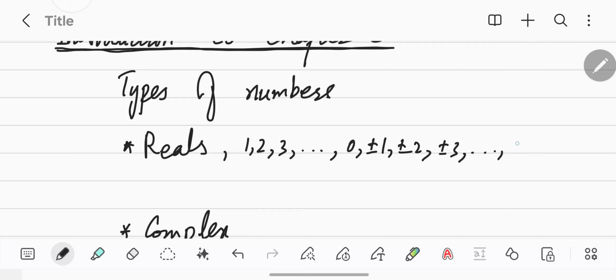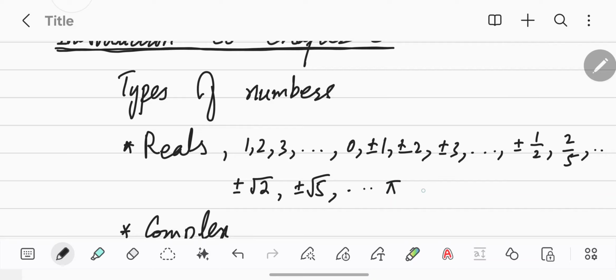All rational numbers, for example, plus minus 1 by 2 or 2 by 5, etc. All of these numbers are also reals. There are some irrational numbers like square root 2, plus or minus square root 5, etc. And there are some other numbers which are also real.